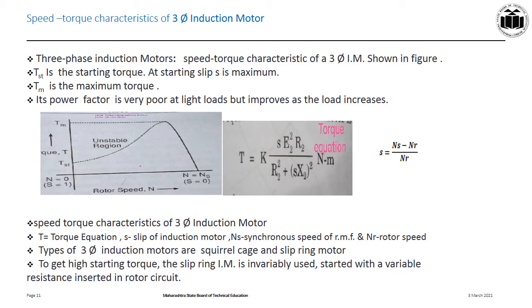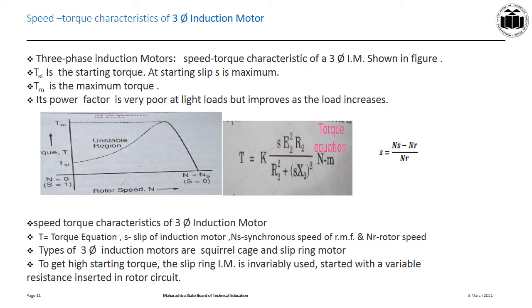There are two types of three-phase induction motor, that is the squirrel cage and the slip ring induction motor. The torque can be adjusted by changing the resistance of the rotor circuitry, which is only possible with the slip ring induction motor.